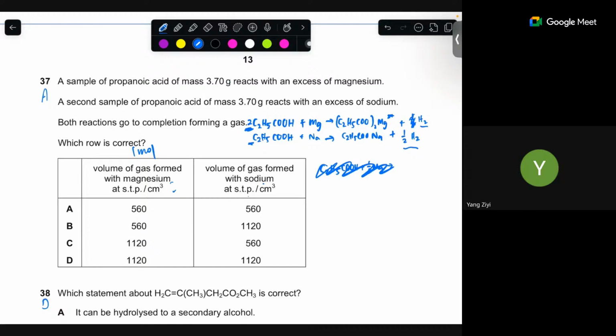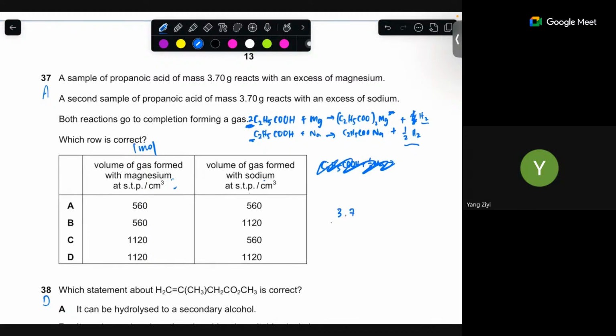So 3.7 divided by the Mr of propanoic acid. Can you help me calculate the Mr of C2H5COOH and then find out the number of moles? Mr is 77. How many moles? 3.7 divided by 77 is 0.048.